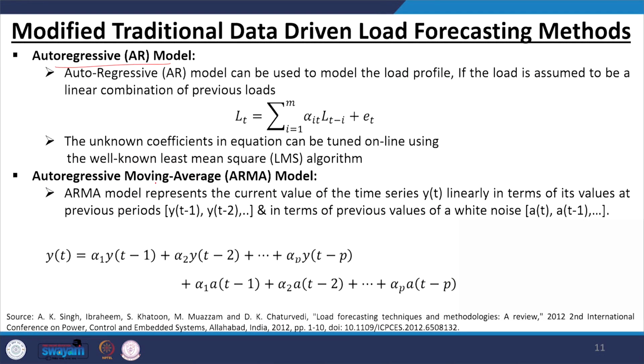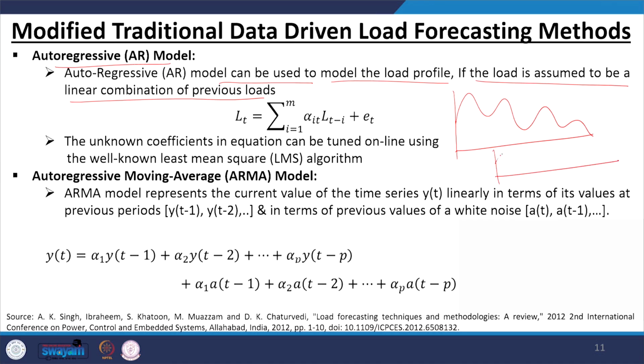What does it say? The autoregressive model can be used to model the load profile if the load is assumed to be a linear combination of the previous load. That means, you have seen that yesterday my load was like that and today the load can be like that. There is a correlation between them.